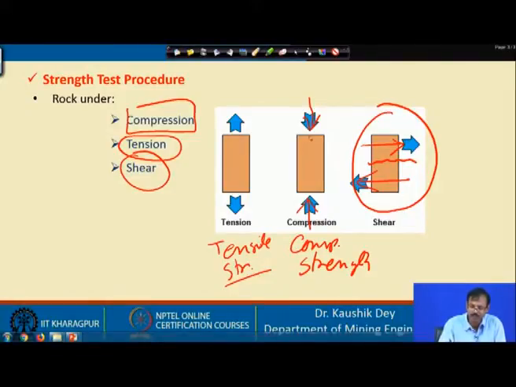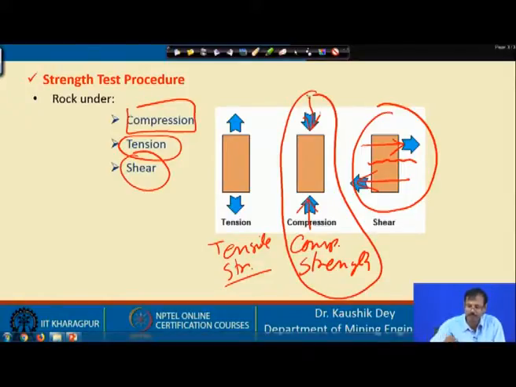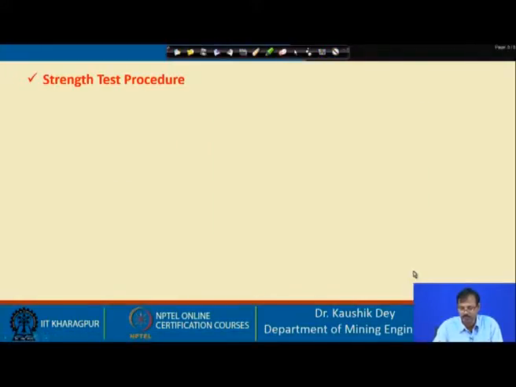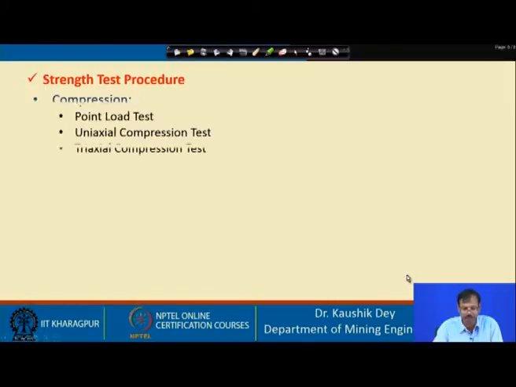Basically, practicing compressive strength in the laboratory is very easy, but doing these two is a little bit difficult, and that is why we often go for indirect testing methods, so that we can get these values through some other way.